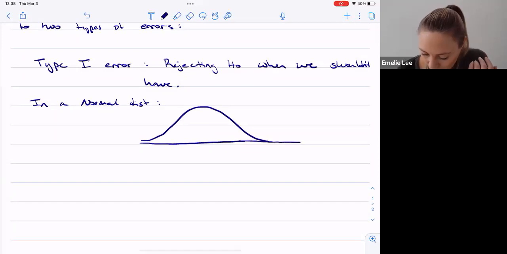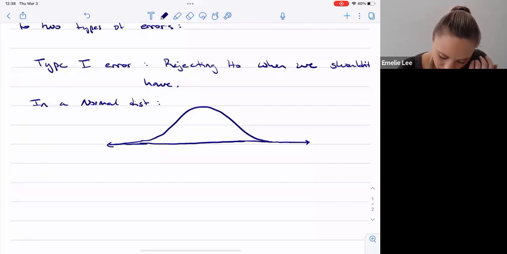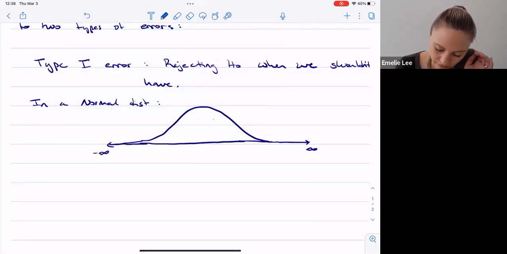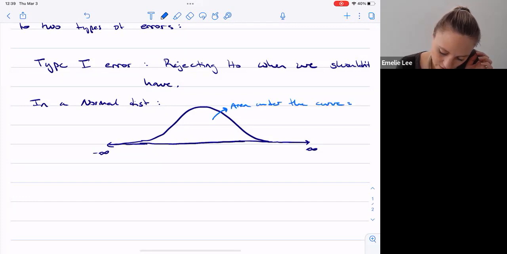And we remember that these tails go all the way out to negative infinity and positive infinity. So we understand that these tails are saying anything can happen. There's a very, very, very small probability. Remember the area under the curve is the probability.